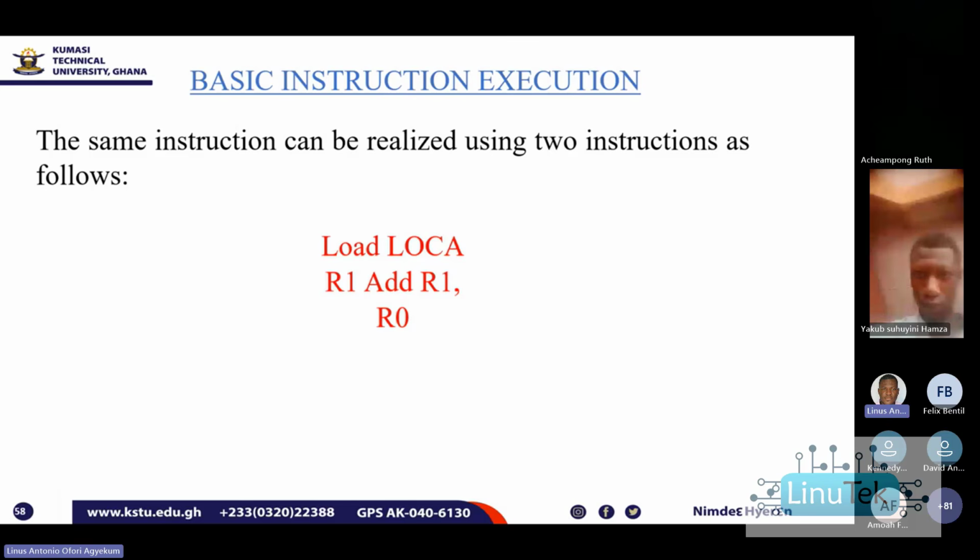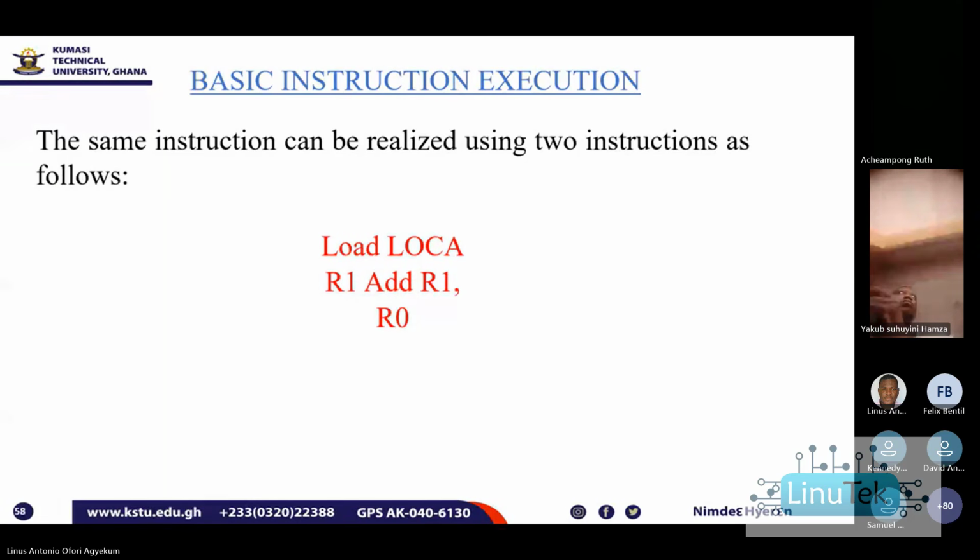Basically this means that there are some operands within the memory located in location A. And mind you, the processor has what we call registers that store the data for processing temporarily at the time of processing.